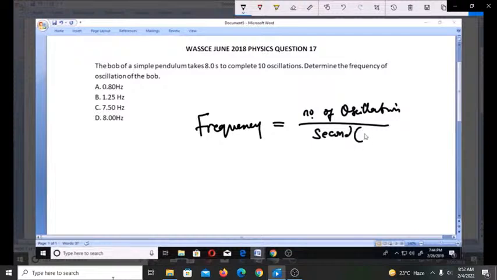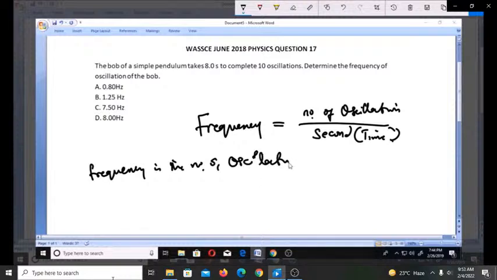So number of oscillations over time is frequency. The number of oscillations that is completed in a second, that's what frequency is. So how many oscillations is able to be completed in 1 second?